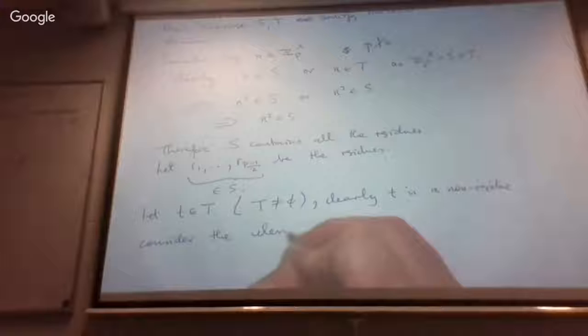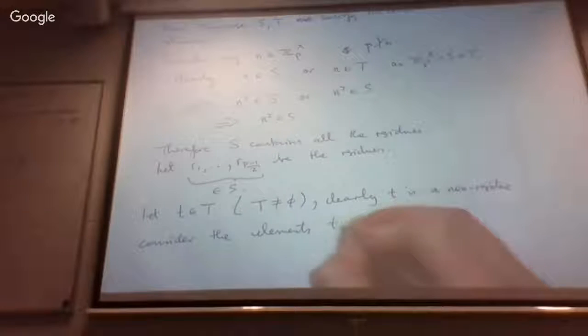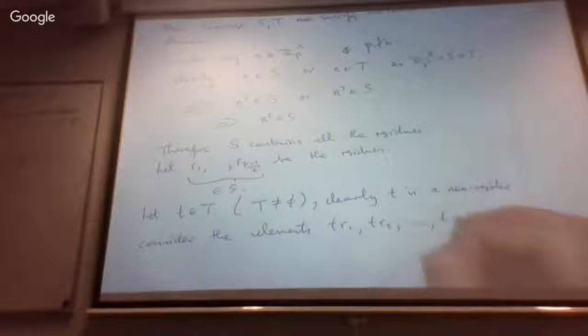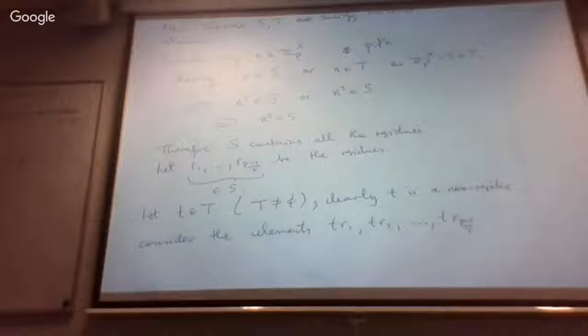And then consider the elements tR_1, tR_2, just consider these products, up to t times R_{(p-1)/2}.